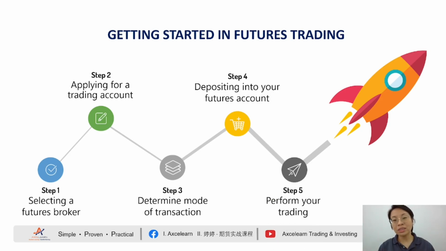Then once you deposit into your account, you can start to trade. On average, from step 1, meaning once you've selected your futures broker, until step 5, when you can already start trading, it takes about 3 to 5 days. You should be able to get yourself started in futures trading.